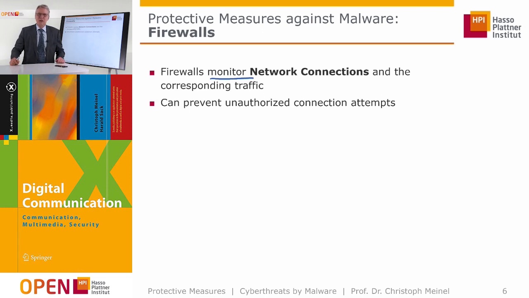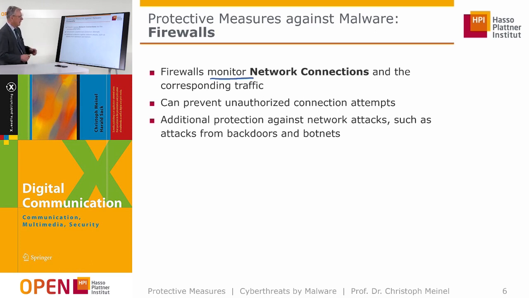So the firewall checks all the incoming packets to your system, and so it can prevent unauthorized connection attempts. If someone, for example, from a known attacker site wants to connect to your system, the firewall can detect it. Additional protection is given by firewalls against network attacks, such as attacks from backdoors or botnets.